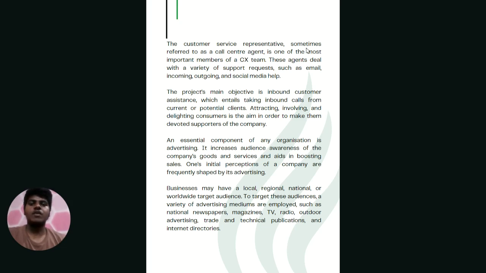Advertising is a big deal for any business. It's how people first learn about our products and services and decide if they like us. Businesses target different groups of people with their ads, like local, regional, national, or even global audiences. We use lots of different ways to advertise, like in newspapers, magazines, on TV or radio, and even online.